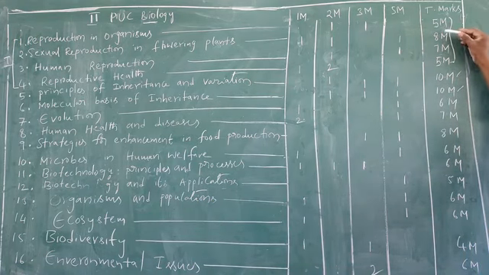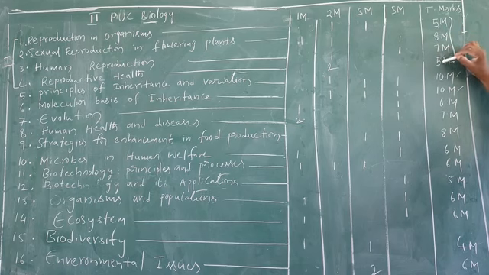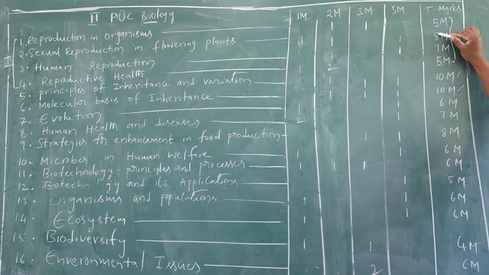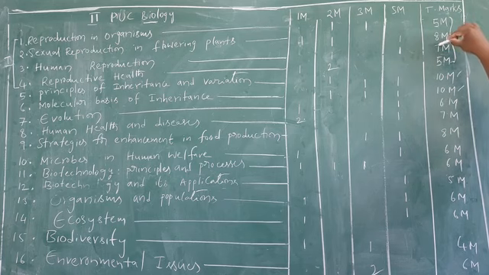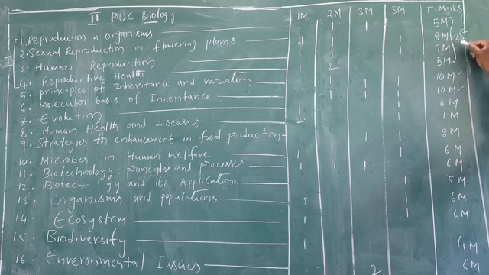Here, for the chapters 5 plus 8 plus 7 plus 5, 5 plus 7 is 12, and 20, and the total together is 25 marks.